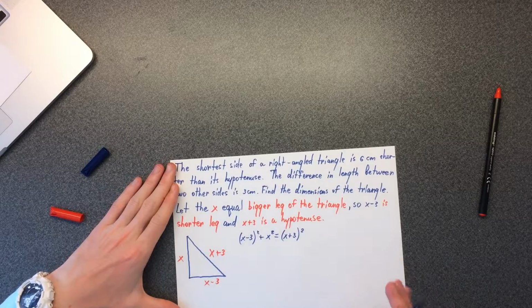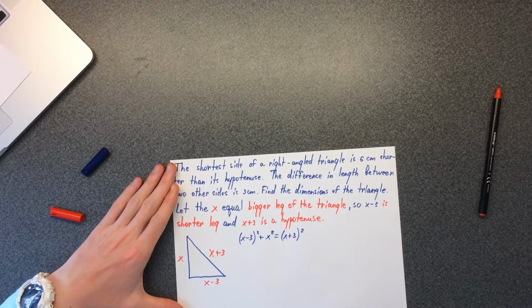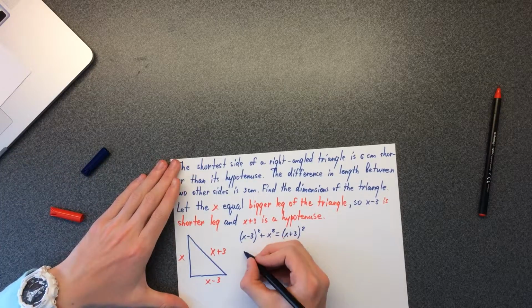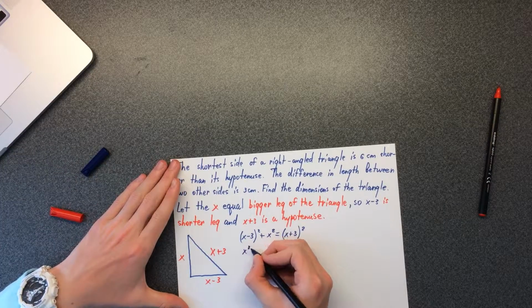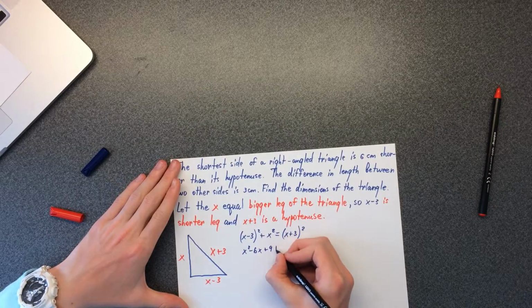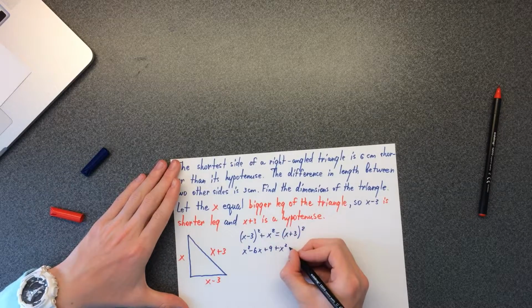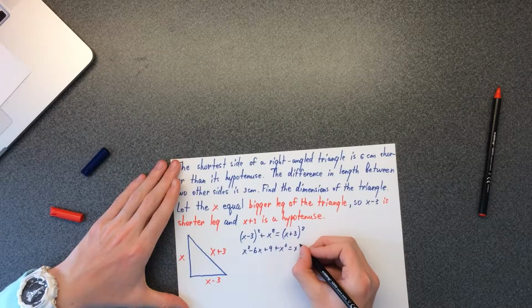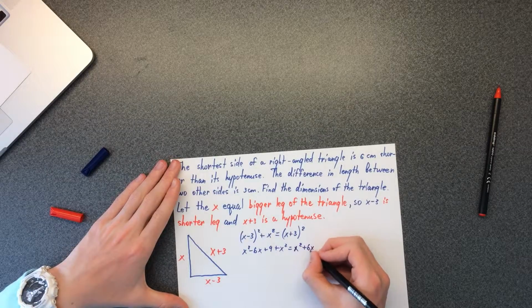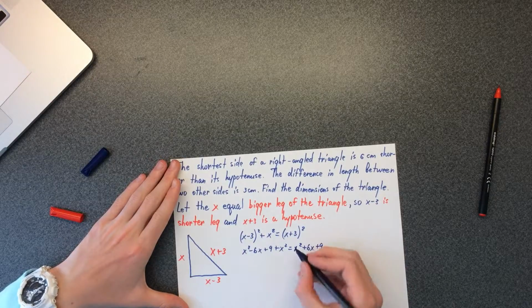Now, after we made the equation, we can solve it. So I open the brackets, and it's x squared minus 6x plus 9 plus x squared equals x squared plus 6x plus 9.